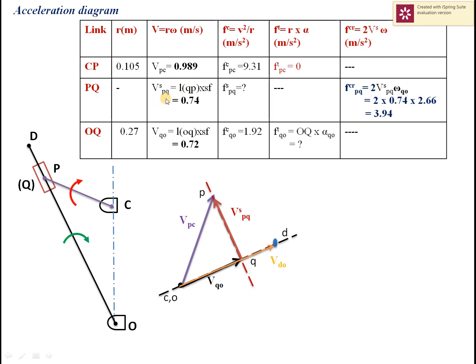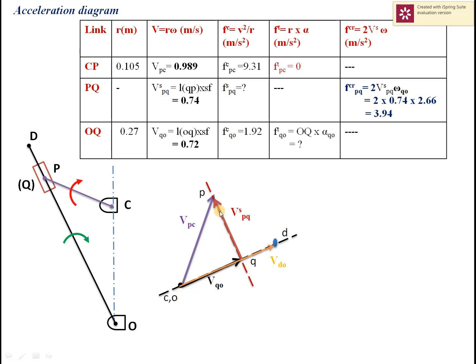For link PQ, which is a sliding velocity of P relative to Q, its magnitude is equal to the length of vector QP in the velocity polygon into the scale factor.